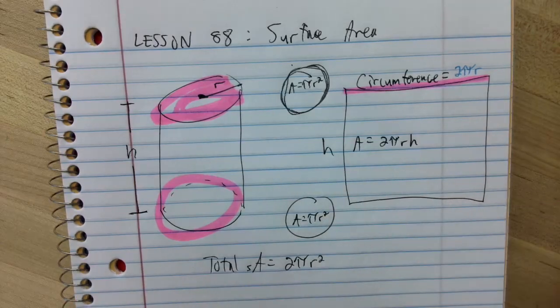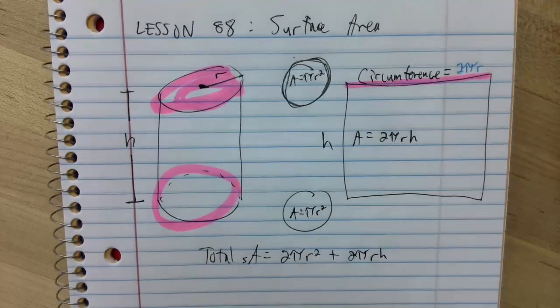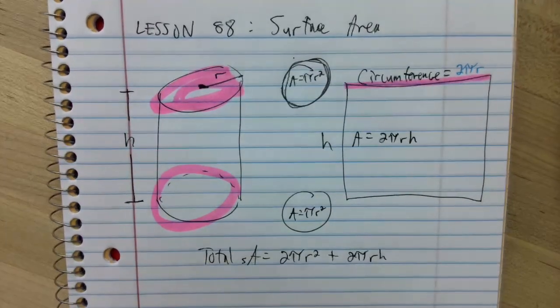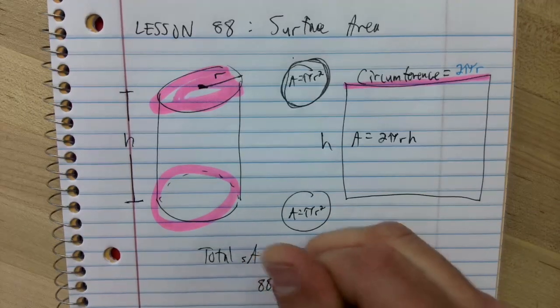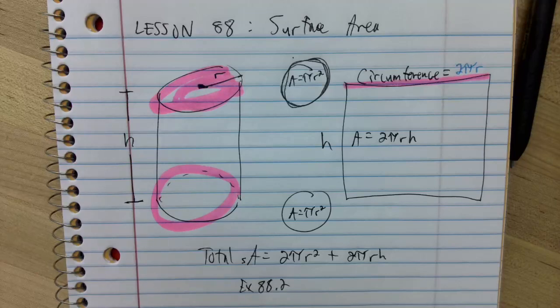Oh, there's two of them, right? Plus 2 pi r h. Now, that's the only one that you'll see that's got a round thing in it. Ooh, that one's going to be fun. Example 88.2. Pay special attention to that one as you're working through these practice problems.